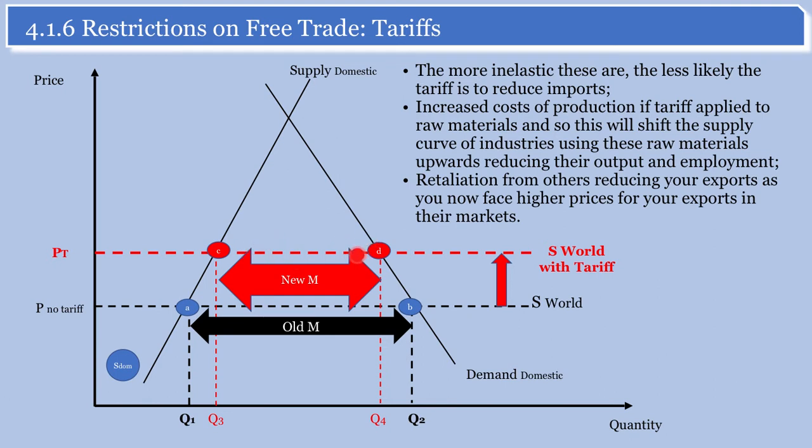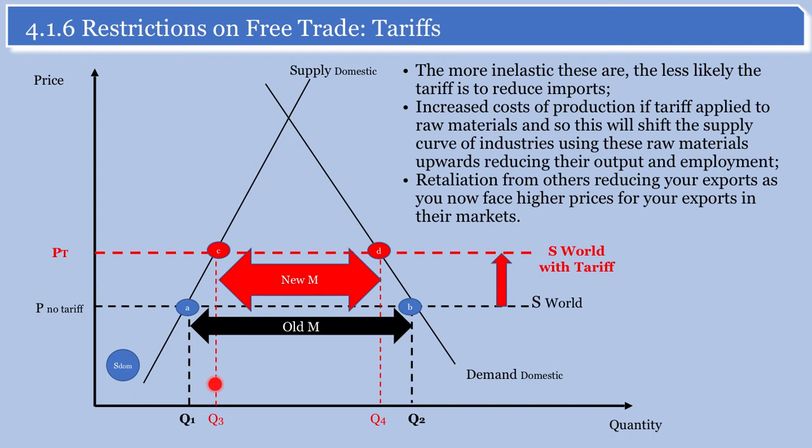The second thing, though, and I think this is really important that you get these points, basically, when the tariff is applied to this market here, this might be a raw material which is used in other industries in the country. So when Trump put his tariffs on steel, the price of steel rose, and so that did stimulate an increase in the steel industry. But steel is also used as a raw material in other industries.